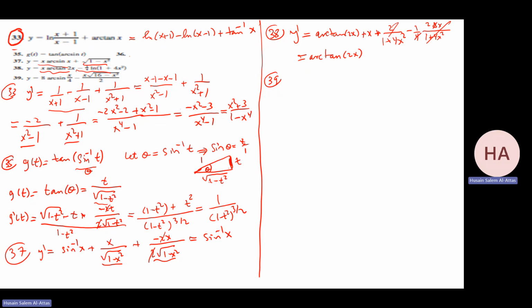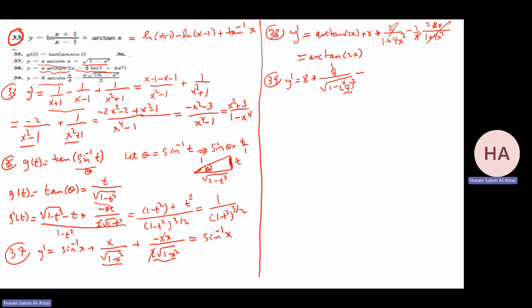So y prime, I need the derivative of this, where I have what? 8 times the derivative of arc sine x over 4, which is 1 over the square root of 1 minus (x over 4) squared, times the derivative of this, which is 1 over 4, minus.